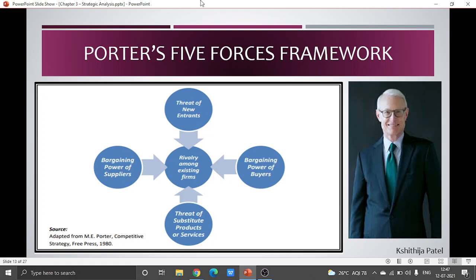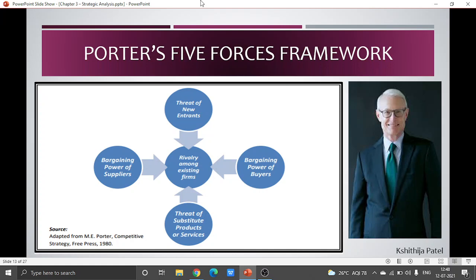So this framework helps organizations determine the intensity of rivalry, especially by examining the interaction of five competitive forces. And that is why the combined strength of these five forces helps the organization determine the industry attractiveness and eventually the profit potential within a given industry.